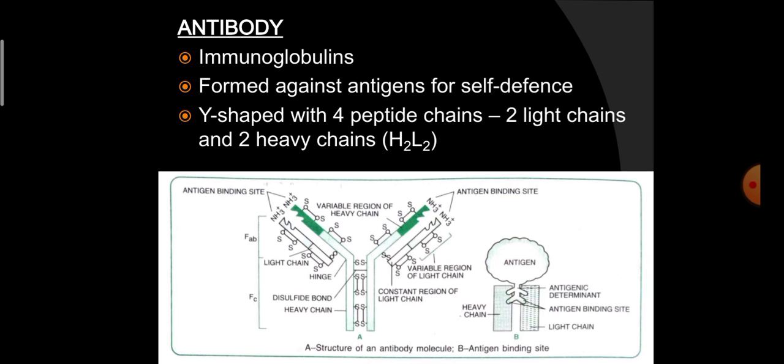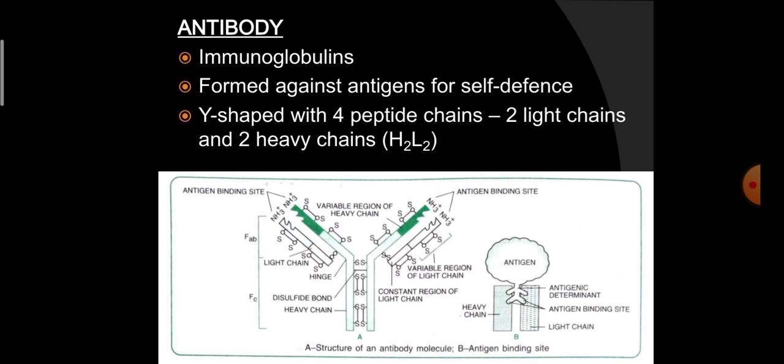If you see the structure of antibody, it is Y shaped and it has 4 peptide chains, out of which 2 are light chains and 2 are heavy chains.